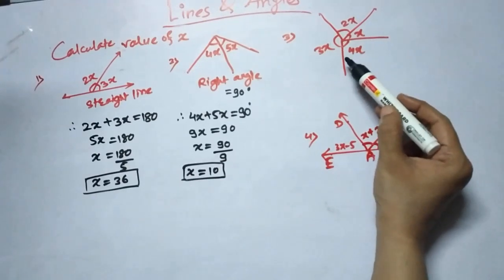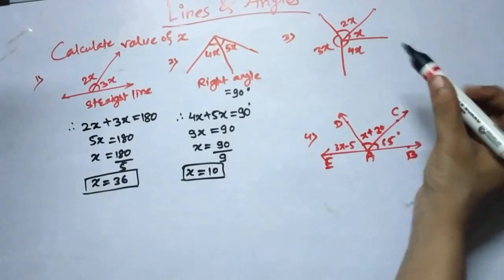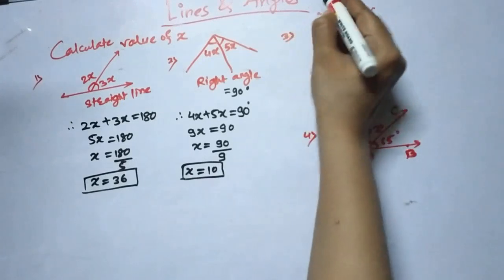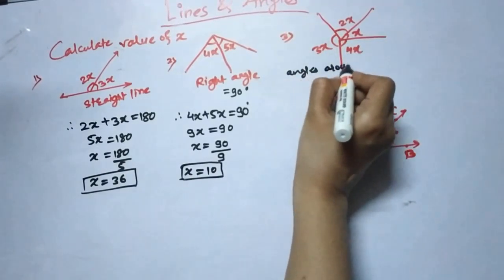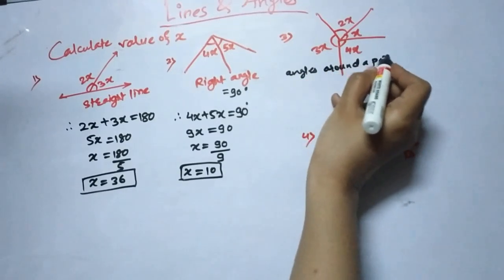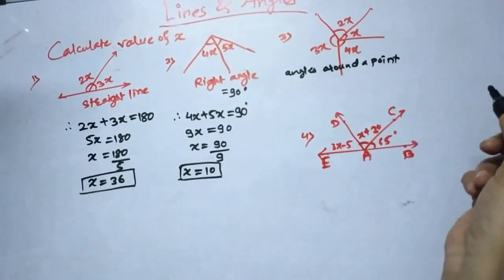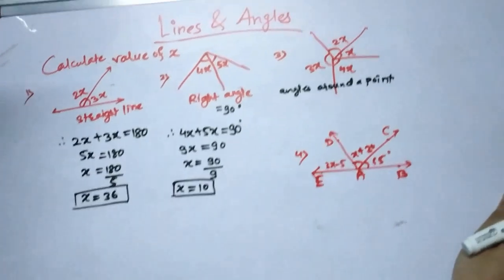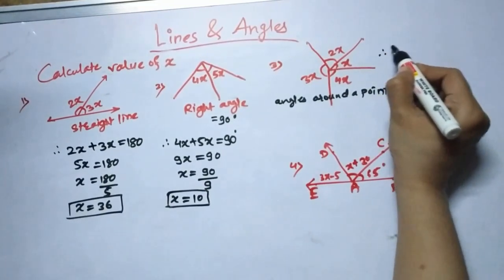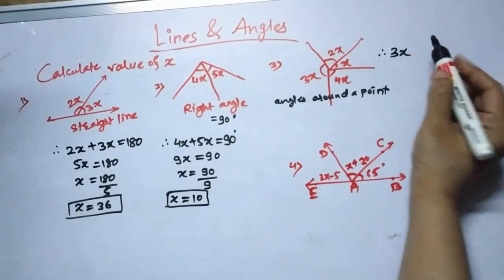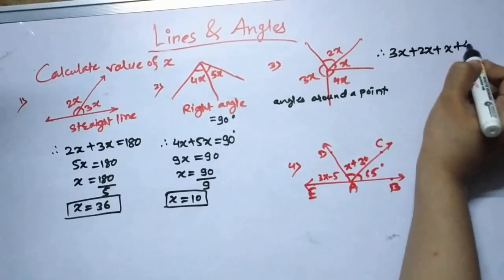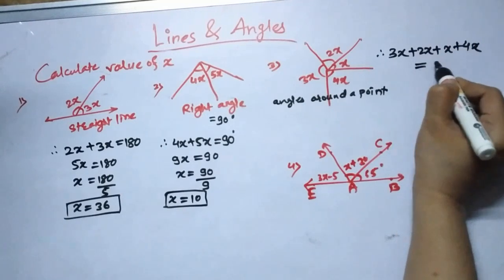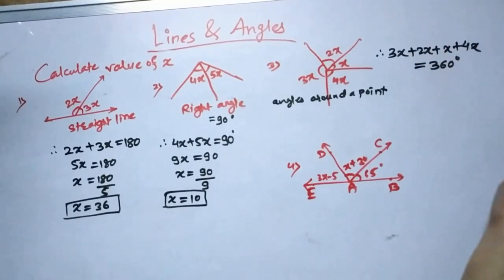And friends, these are angles around a point. We know that the angle around a point is 360 degrees. So you can write 3x plus 2x plus x plus 4x is equal to 360 degrees.